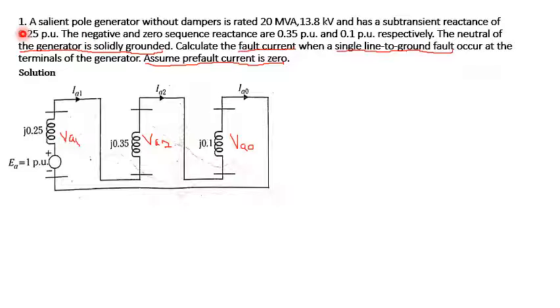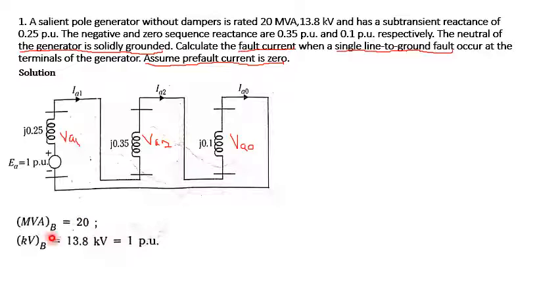We know that subtransient reactance is equal to positive sequence reactance, that is 0.25, the negative is 0.35, and for the zero it is 0.1. What we need to calculate is the fault current, and choose the MVA base and kV base. Actually for this problem it is not required, but make it a better habit.